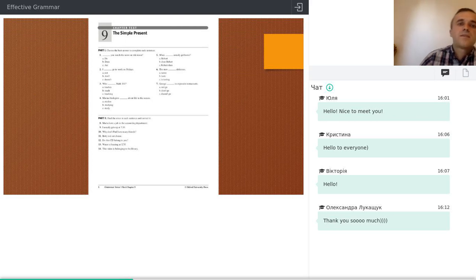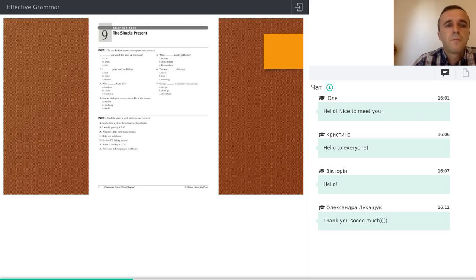So, as an example, here are tests from Oxford University Press. Here is a basic level. You see that in part 1 you have multiple choice, where students have to choose the correct answer.